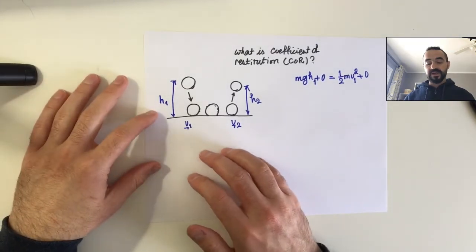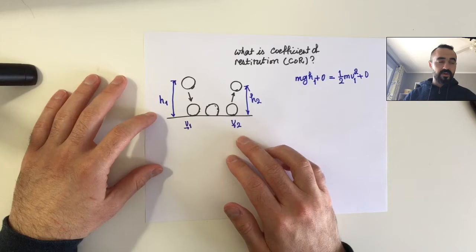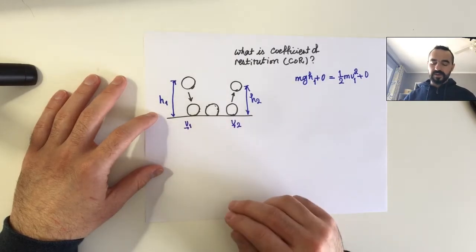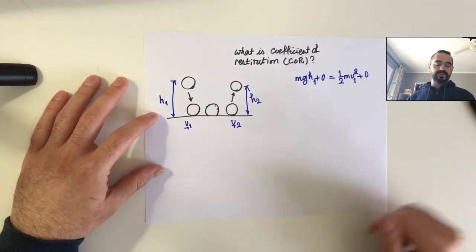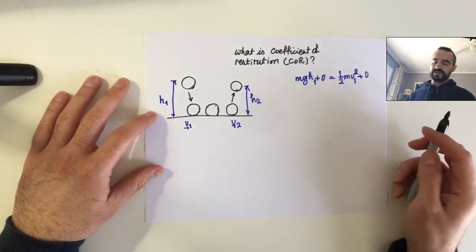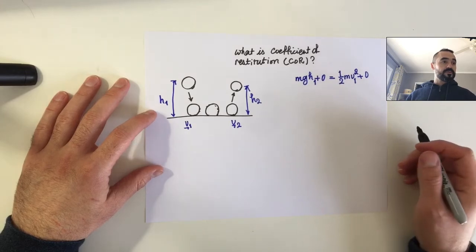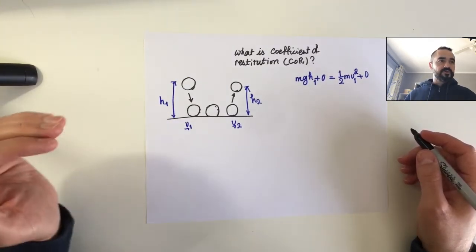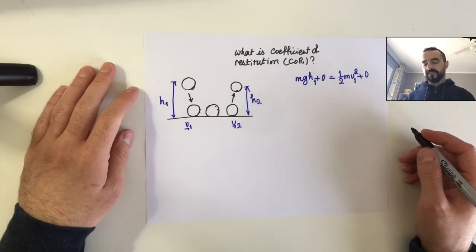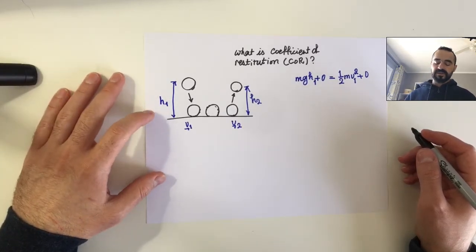Now, to relate the drop velocity to the bouncing off velocity, we can use coefficient of restitution. Right? So coefficient of restitution relates these two velocities together.